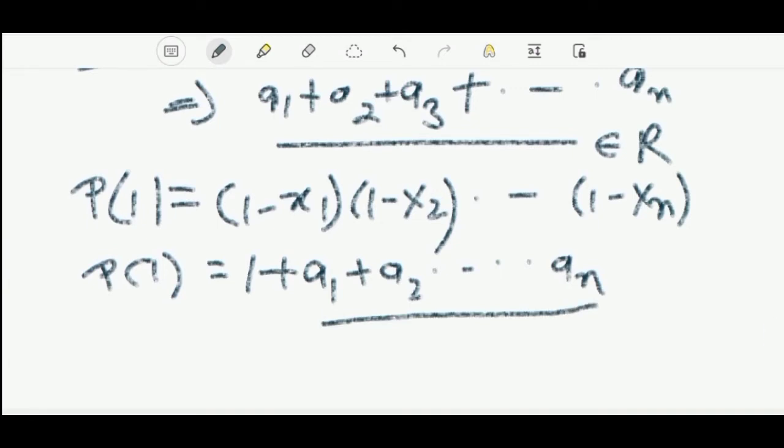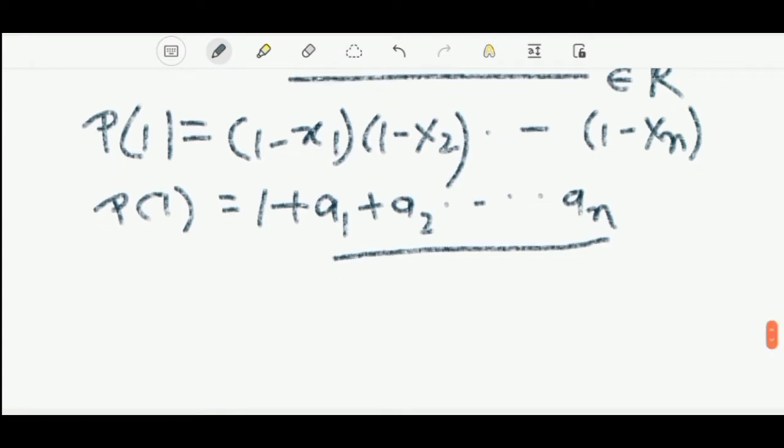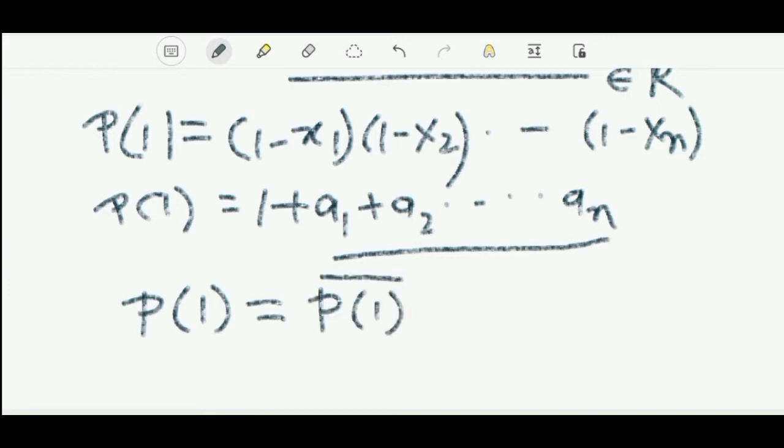So we can simply say this p of 1 is real, and for showing this we can say p of 1 is equal to p of 1 bar.